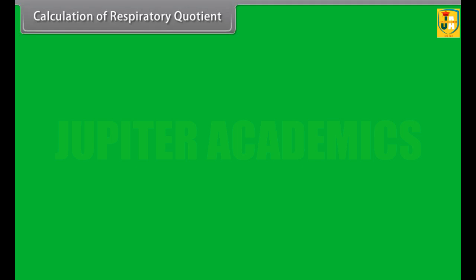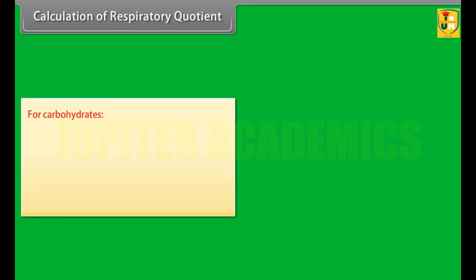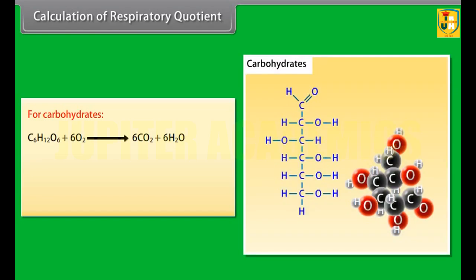Calculation of respiratory quotient. For carbohydrates, C6H12O6 + 6O2 gives 6 CO2 + 6 H2O. Respiratory quotient can be calculated as 6 CO2 / 6 O2 = 1.